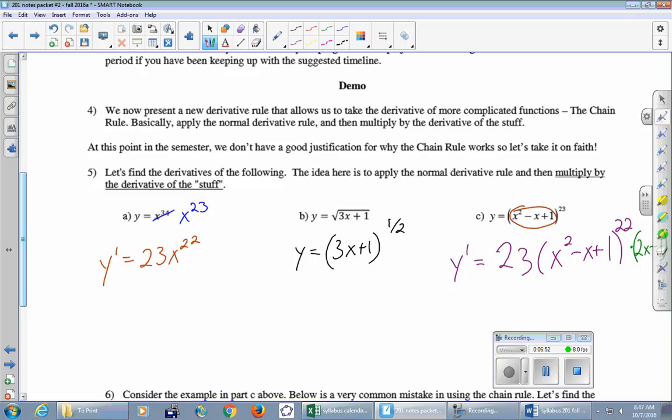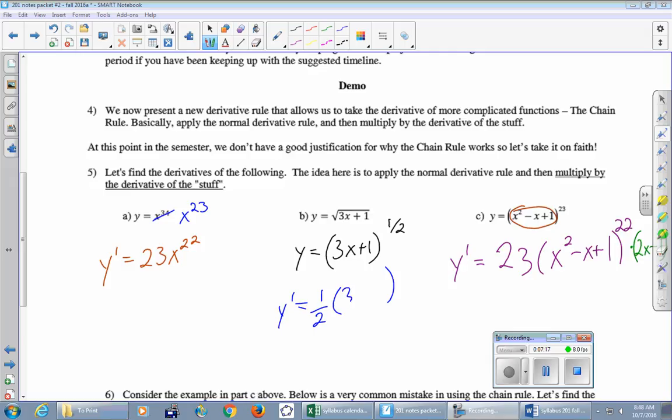Can you guys try with your neighbors this brand new thing called the chain rule to take that derivative? Okay, let's get our answer up here. What comes down in front? 1/2 comes down.